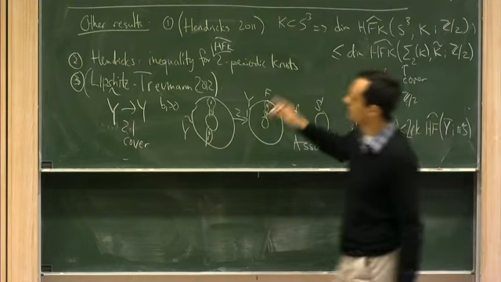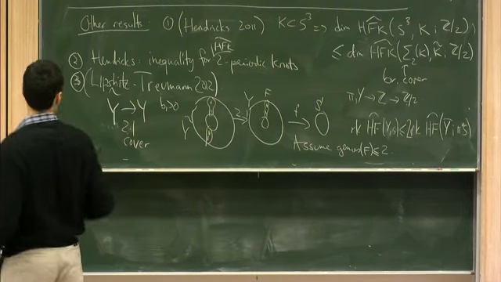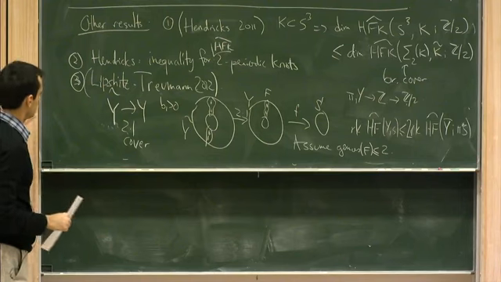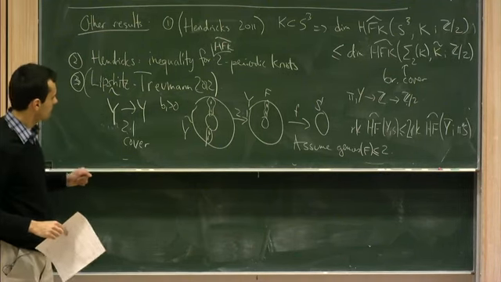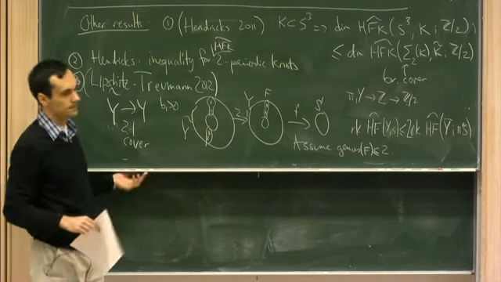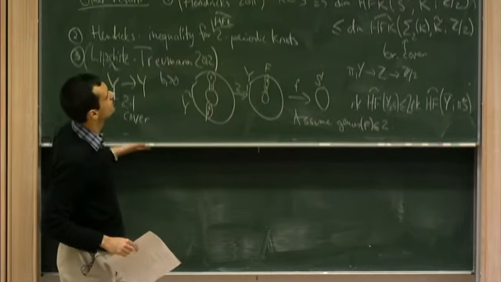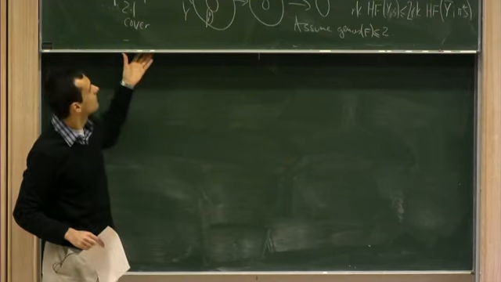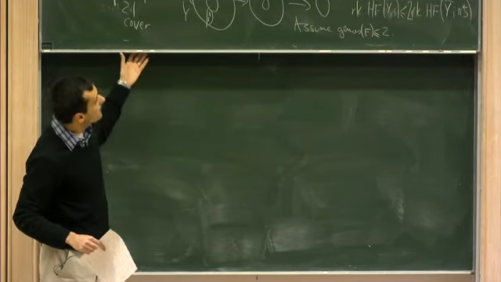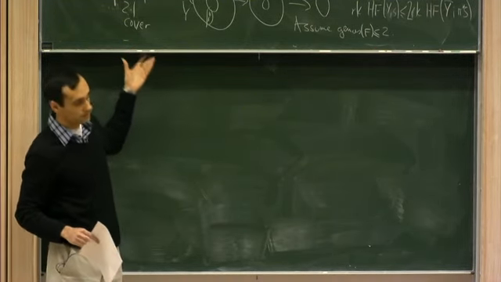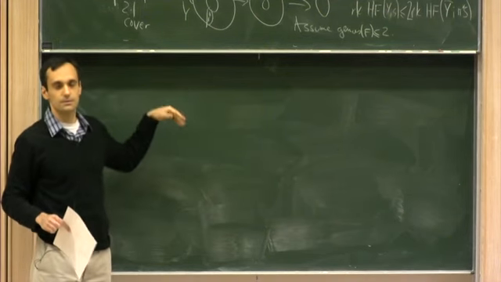So our result is just for B1 equals 0, and the result is just for twofold covers, and in this situation, yes, you can do it spin C structure by spin C structure, but it's also true overall.